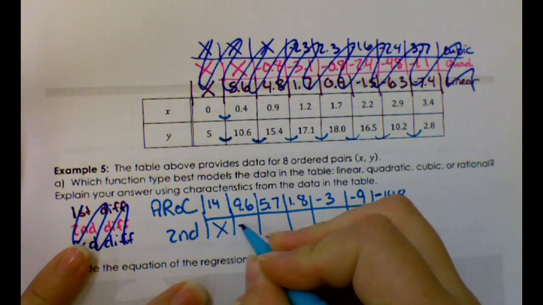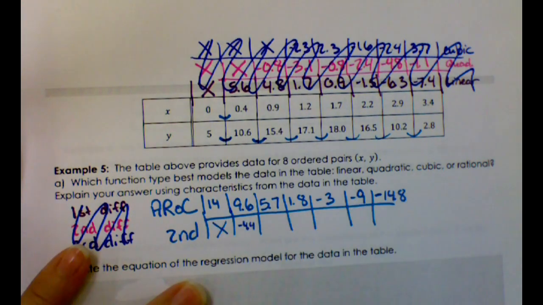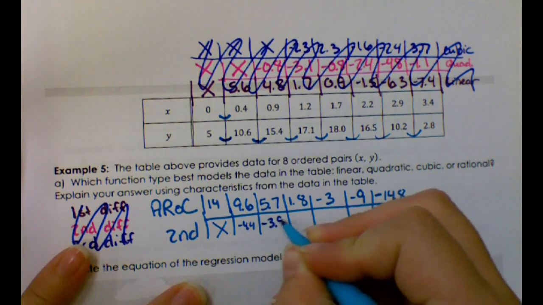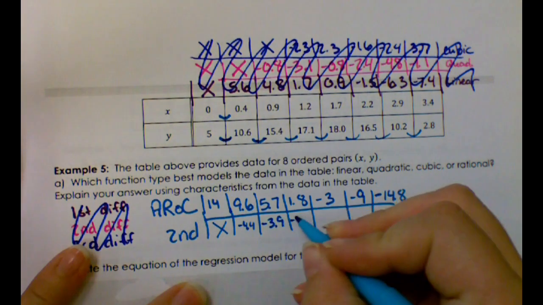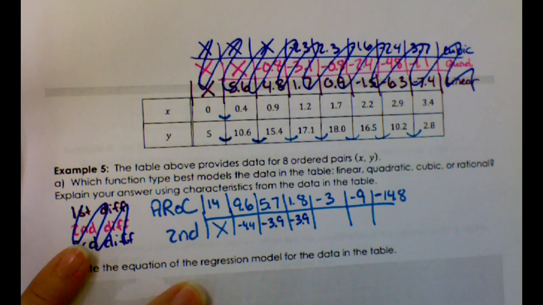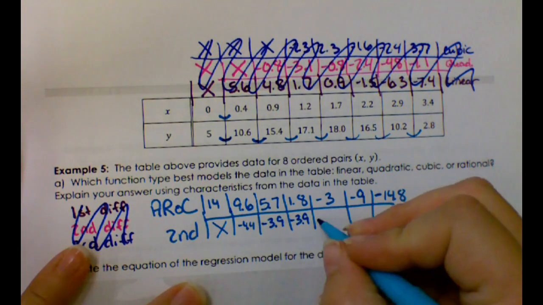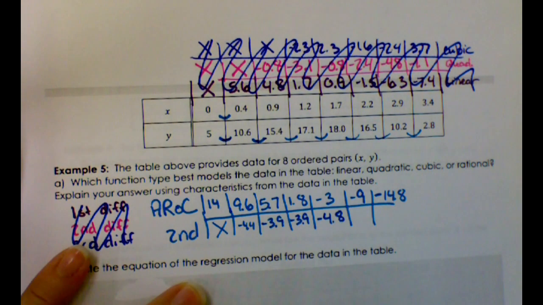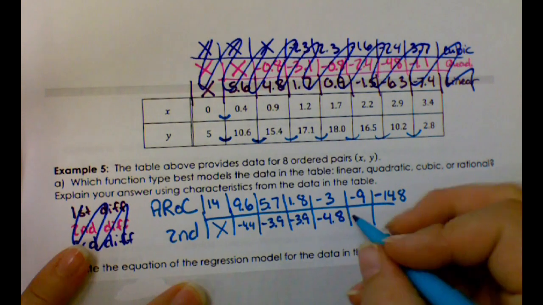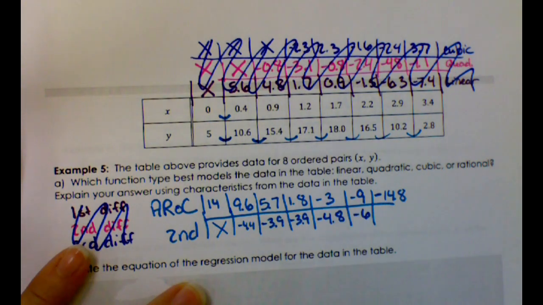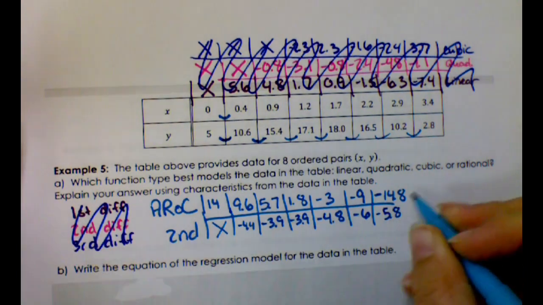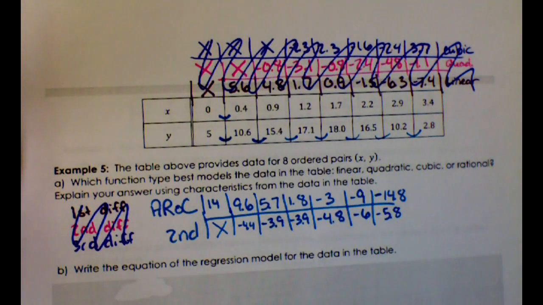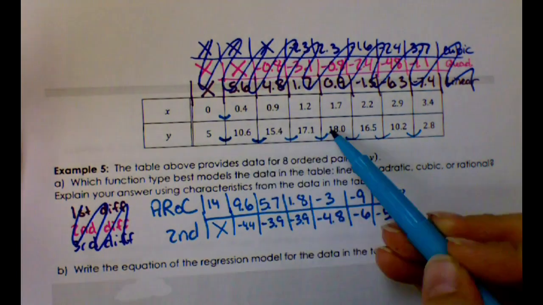We won't have one here, but negative 4.4, negative 3.9, negative 3.9, negative 4.8, negative 6, negative 5.8. They get a little further apart, but the y values go up and then down.